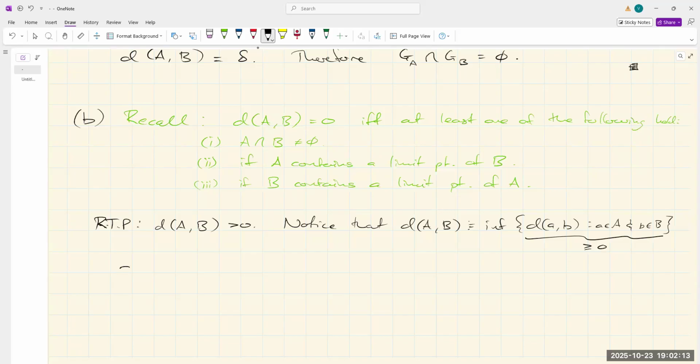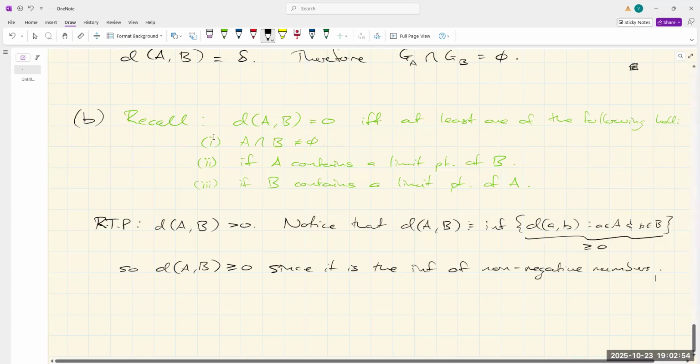So if you take the infimum of that set, you will get something that is bigger than or equal to 0. What we need to now argue is, why is it not 0?